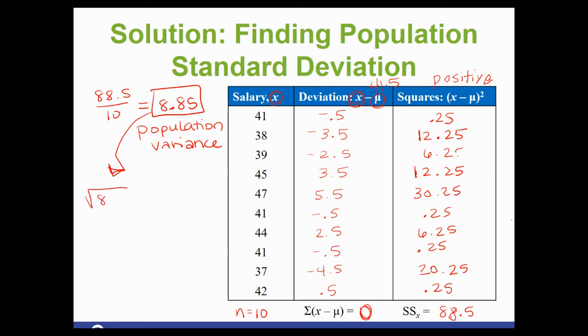So square root of 8.85, and I get in the habit of writing 4 decimal points when I'm doing my own work. So 2.9749. This is your population standard deviation. This is the goal.